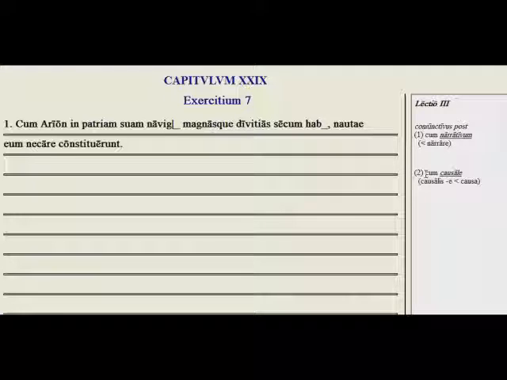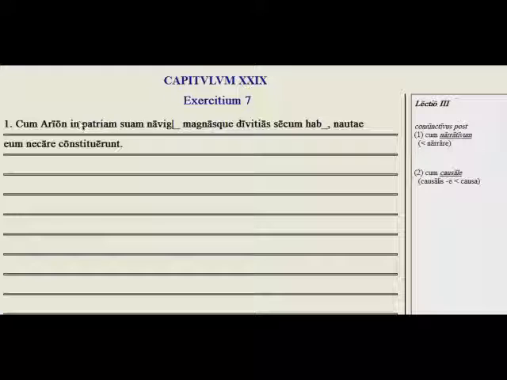And then the other kind is cum causal, which is if cum is acting like a connector like since or because. So because this thing happened or since this thing happened, then it also will take the subjunctive. If it is a when and it's talking about when things happen right now, like whenever this happens, that's the only time when cum will take the indicative.